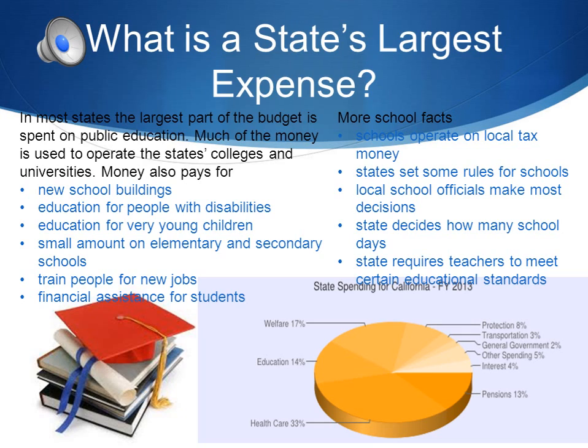So states set up some rules for schools. Local school officials make most decisions, and then states decide how many school days there are, and they also decide the requirements for a teacher to meet certain educational standards. For instance, before I even went into the teaching program, I had to pass 2 major tests I paid for and passed.